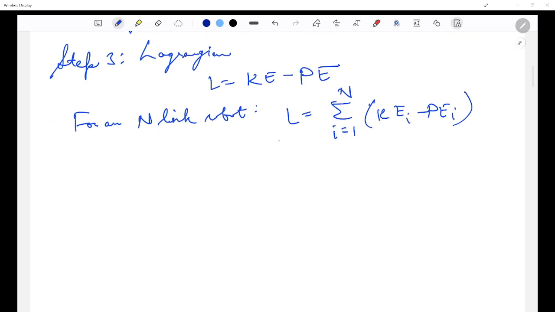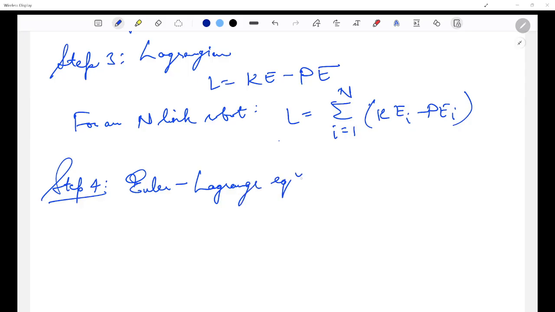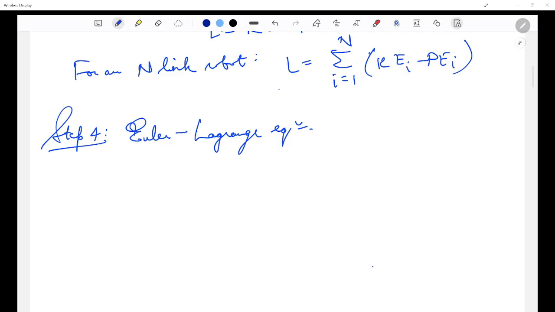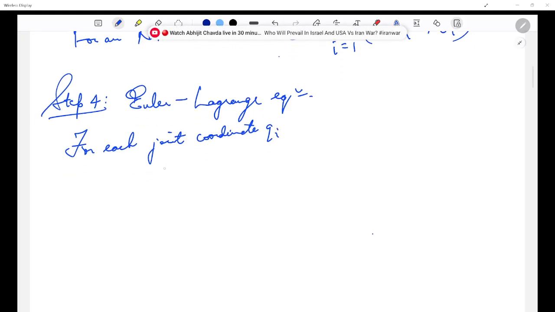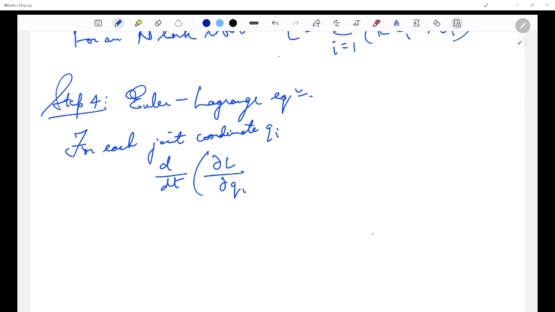Okay, now let's write the Euler-Lagrange equation. For each joint coordinate qi, d by dt of (dou L upon dou qi dot) minus dou L upon dou qi is equal to Qi.